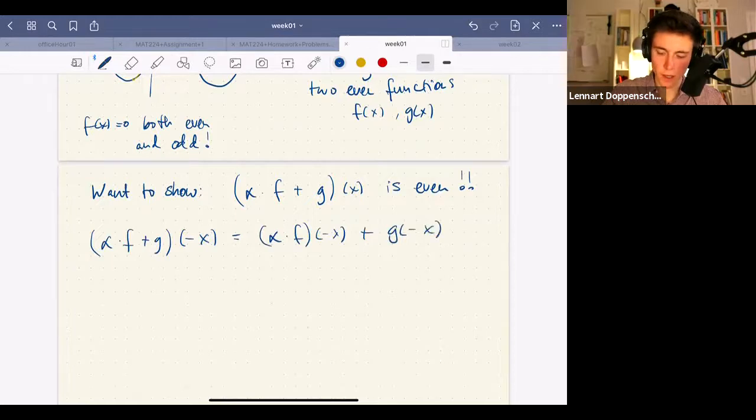So this is pointwise addition. And then similarly, next step is we do pointwise scalar multiplication, so again, same reason, that we can write f of x times alpha. Sorry, of minus x.